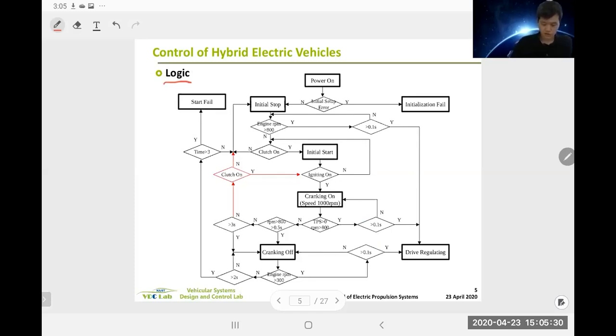This is engine start logic, when you start the vehicle. We are familiar with this flow chart, right? If this, then do this. If not, then do that. Yes, no, right? This is how logic flows.